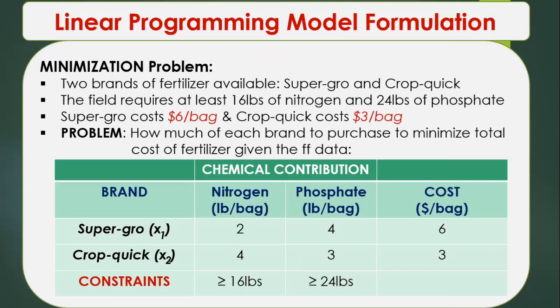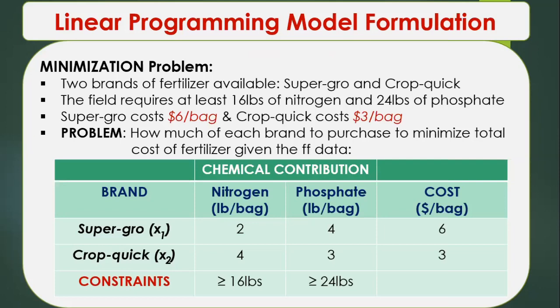The field requires at least 16 pounds of nitrogen and 24 pounds of phosphate. On the other hand, Super-gro costs $6 per bag and Crop-quick costs $3 per bag. Now the problem: how much of each brand to purchase to minimize total cost of fertilizer given the following data?